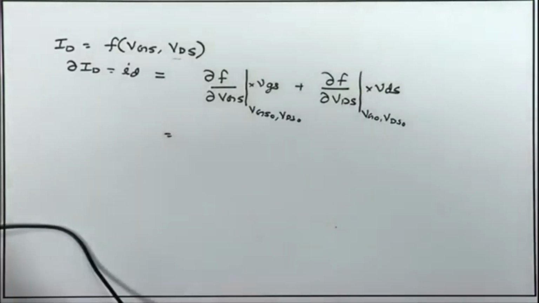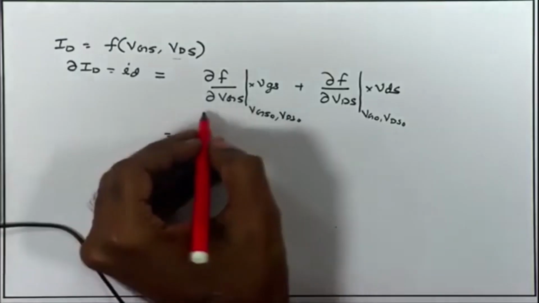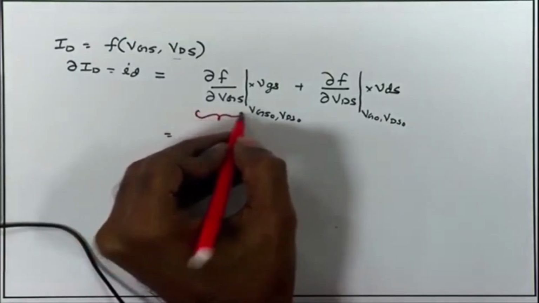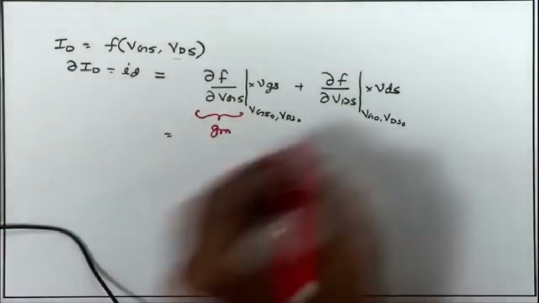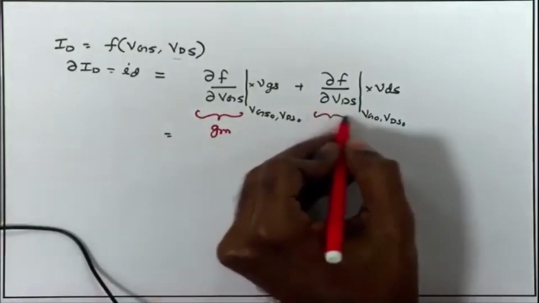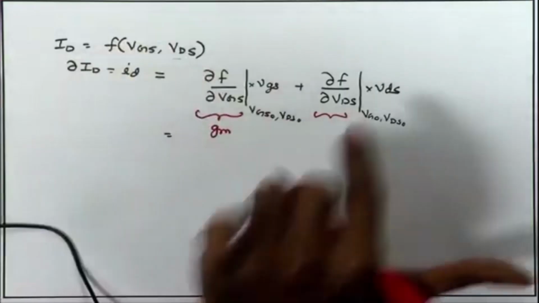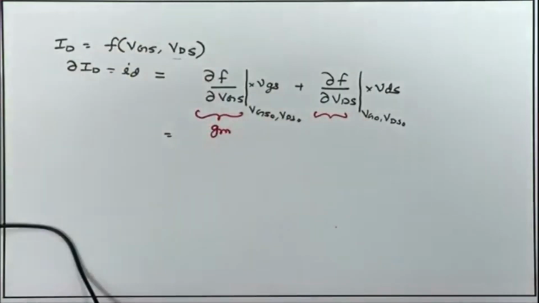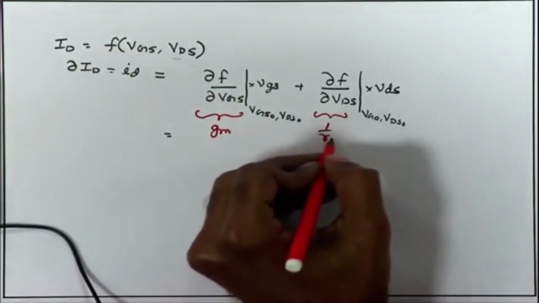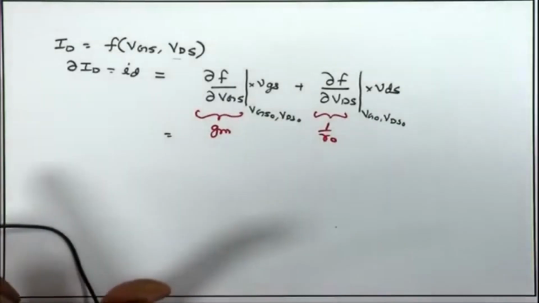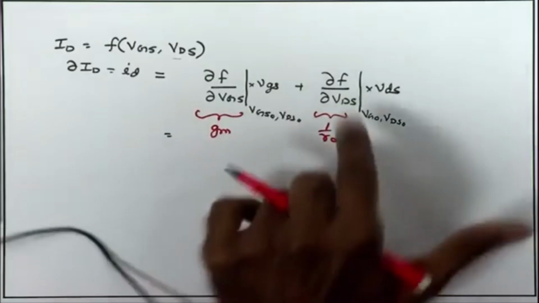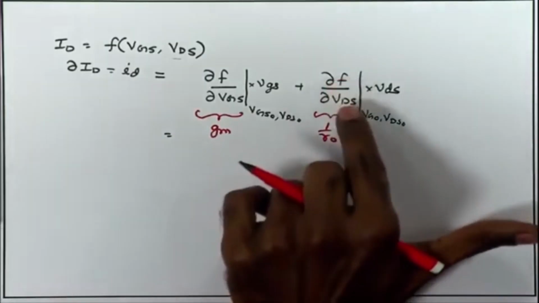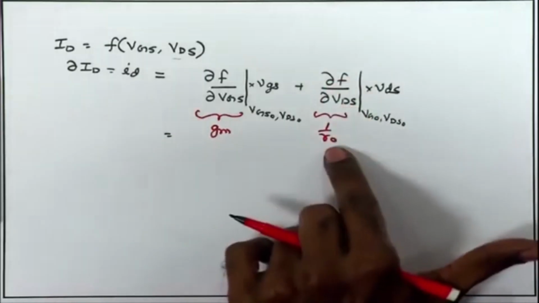So, as we have defined earlier, the first term is nothing else but our Gm, and the second term, del Id by del Vds, is something like 1 upon Ro, because remember how do we define Ro, that is del Vd by del Id. So, here the inverse of that, del Id by del Vd, is 1 upon Ro.